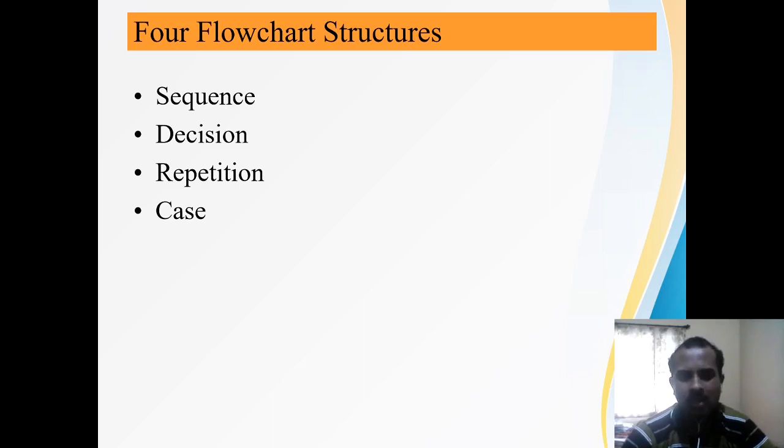So sequence logic is step by step execution of the algorithm or the program, that is sequential. While coming to the decision, depending on the condition, you are going to execute the statement blocks. Here you can have either a single alternative or double alternatives.